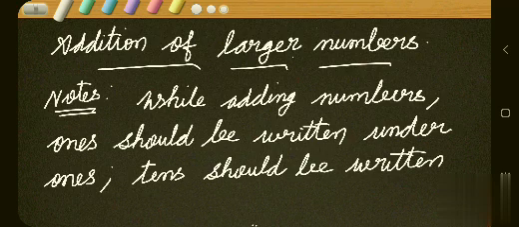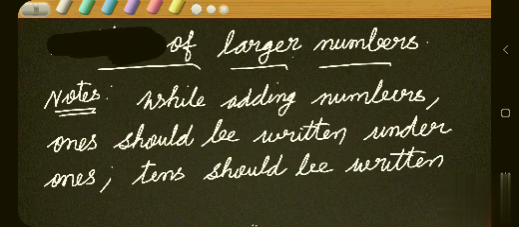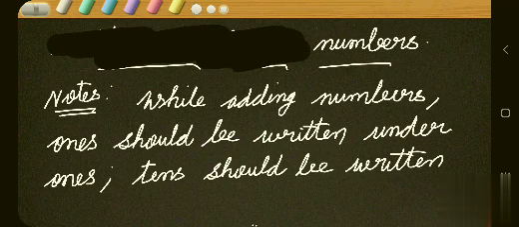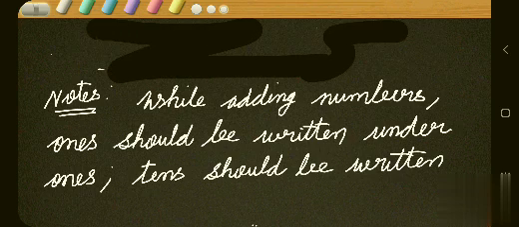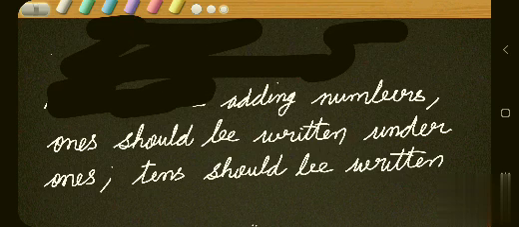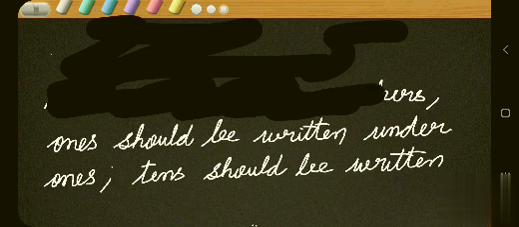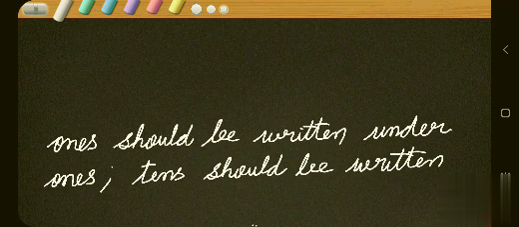Is it clear now? Ones should be written under ones, tens should be written under tens, hundreds should be written under hundreds, etc.